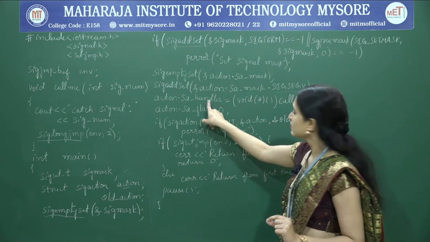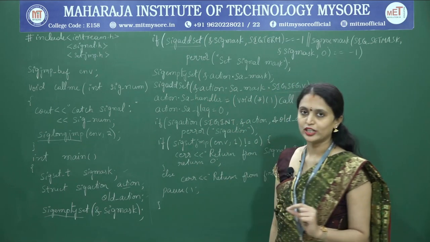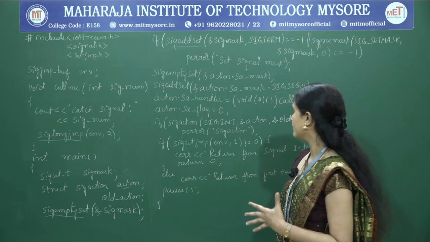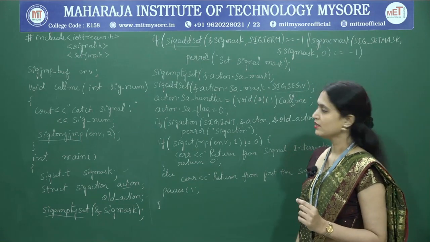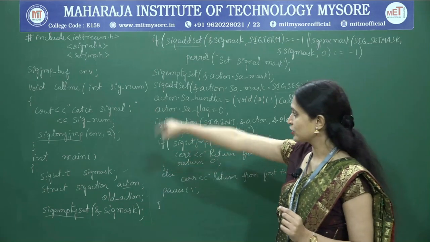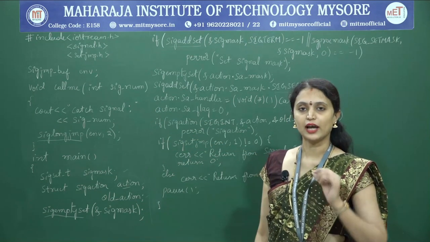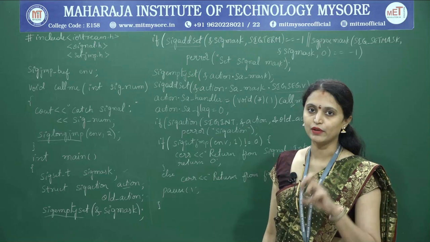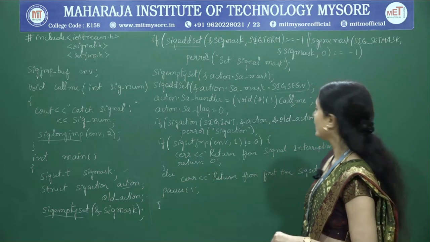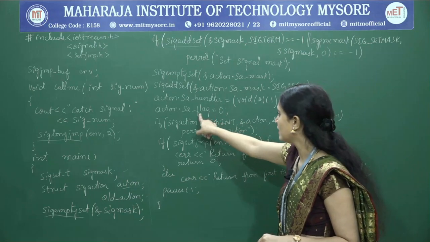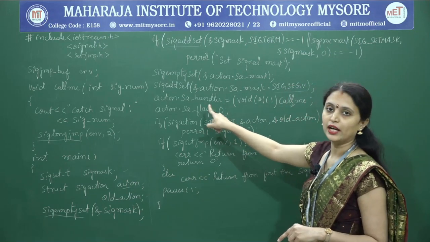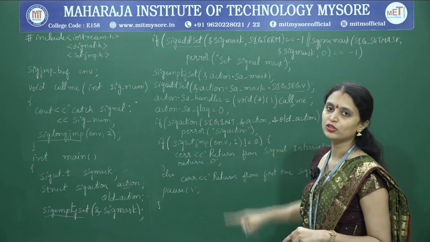Next, sa_handler, the signal action handler: we are making use of the callme function. As I said, callme is a user defined function, and it acts like a signal handling function here. That's why we are assigning this to the signal handler. Next, sa_flags is initialized to 0, and this I have also already told you in the previous session.